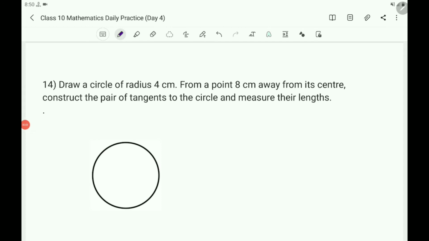In the first step, draw a circle of radius 4 cm and mark the center. Taking O as center, draw a circle of radius 4 cm, and from that point 8 cm away, here you mark a point or draw a line of 8 cm length. Consider it is a point P. And here we have to construct the tangent from the point P to the circle.